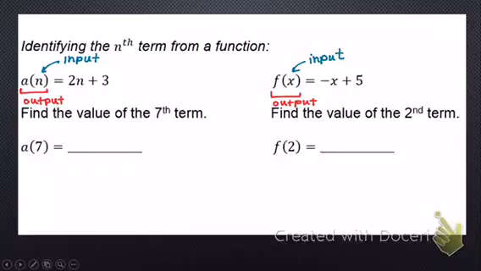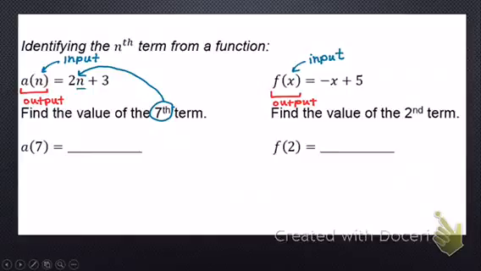And so then we also talked about finding the nth term from a function. So here we need to go back and think about our function machines, where if you have an input, we input that into our function machine, we should get an output. So if we look here, we have a function A of n is equal to 2n plus 3. So here our input is going to be 7, and we want to input that directly into our function to replace our n value.